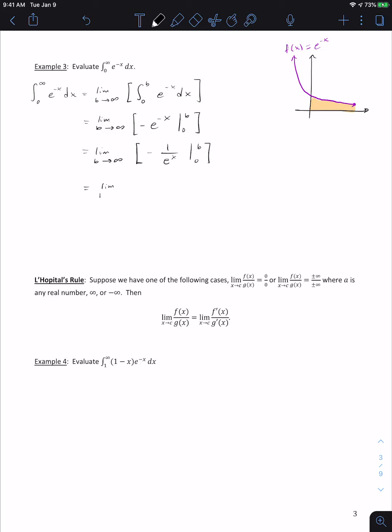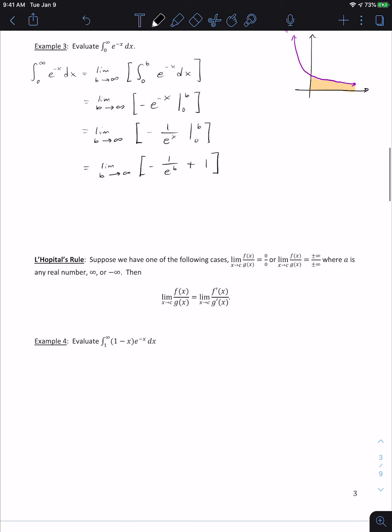So here I get the limit as b goes to infinity of negative 1 over e to the b minus negative, so plus, and then e to the 0 is 1, so this is just plus 1 there. And now, once again, I'm putting a really big number into the exponential function, so this denominator is getting really, really big, which means this piece goes to 0.